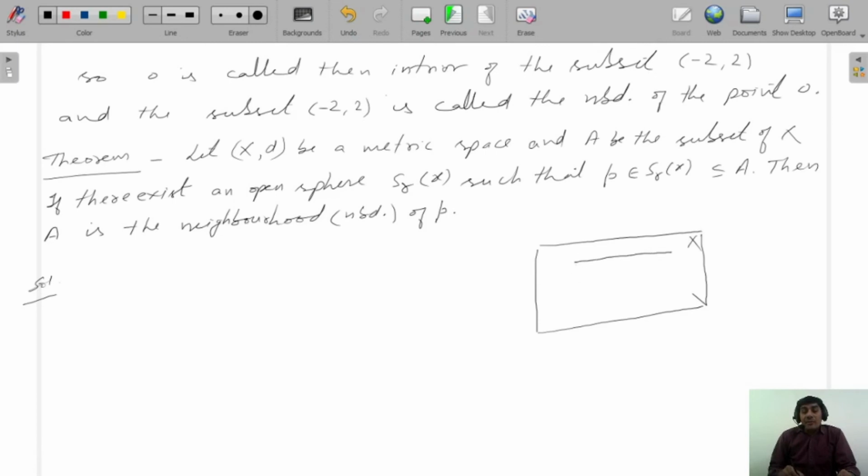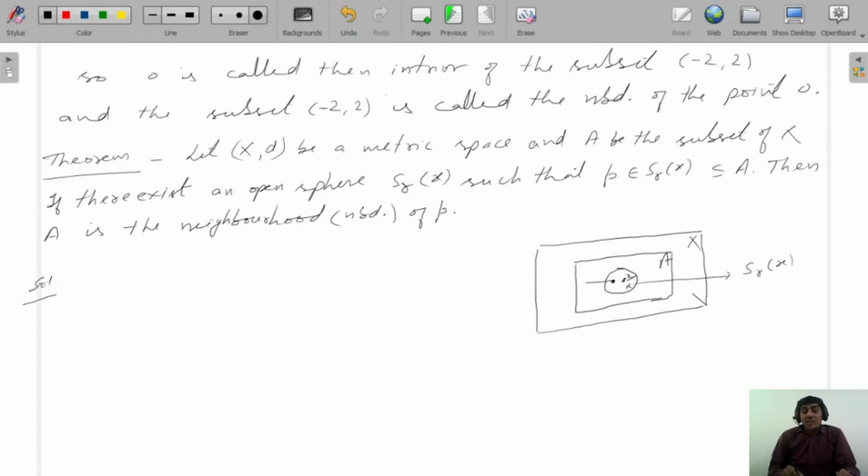A is a subset of X, another rectangular part which is a subset of capital X. Let p be any point lying in the sphere S_r(x) whose center is x and radius is r.